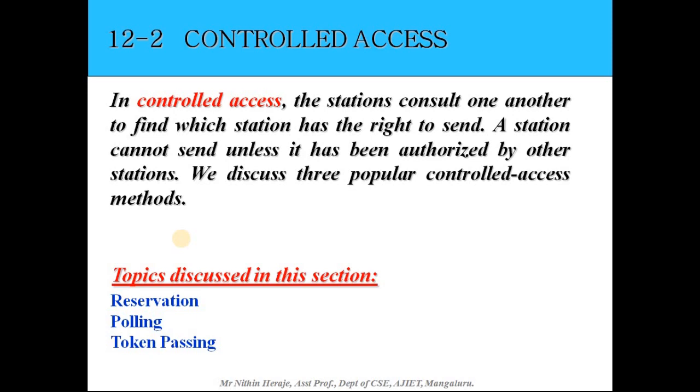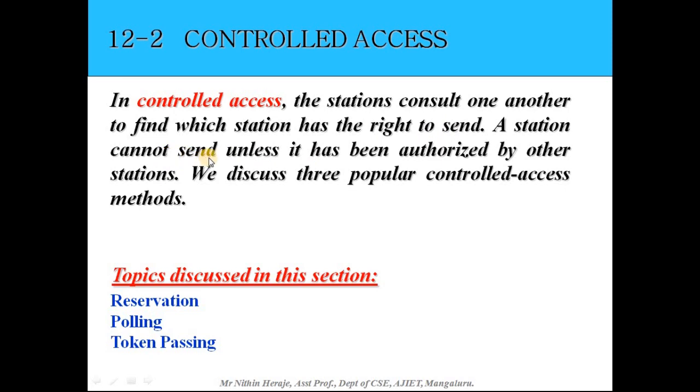Under controlled access protocols, we have these three methods: reservation, polling and token passing. These three different methods will be discussed under controlled access protocol. First of all, let's see what controlled access is. In controlled access, the stations consult one another to find which station has the right to send.